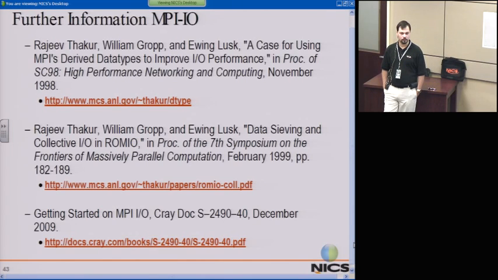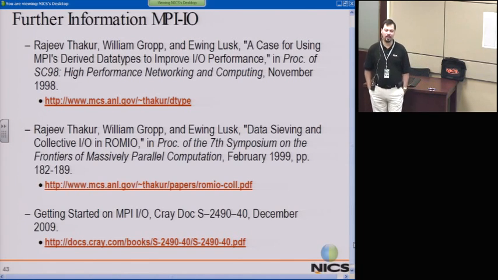When you give the MPIO hints, is that specific for Lustre, or are there similar hints for other parallel file systems? Those MPIO hints are implementation specific. Some of those are Lustre specific, such as the Lustre striping and the Lustre stripe size.